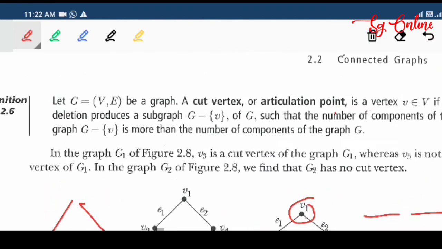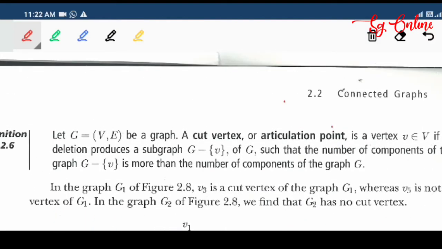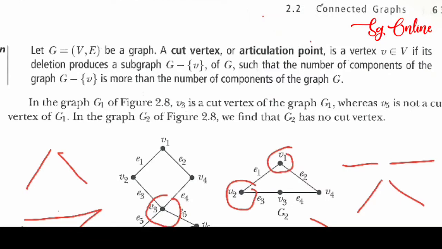Now we go for the formal definition. Let G be a graph. A cut vertex is a vertex V if deletion of that vertex produces a subgraph G minus V such that the number of components of G minus V is more than the number of components of the graph G. So we define cut vertex more generally, not only for connected graphs; we can also define it for disconnected graphs.